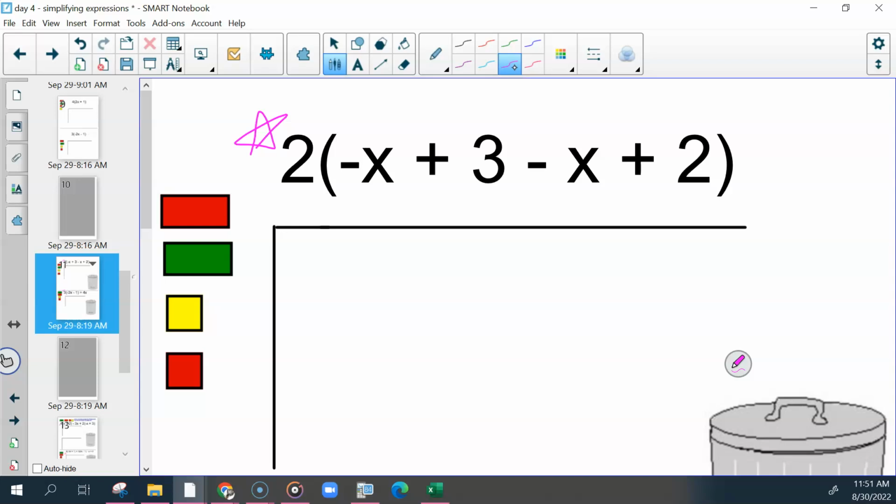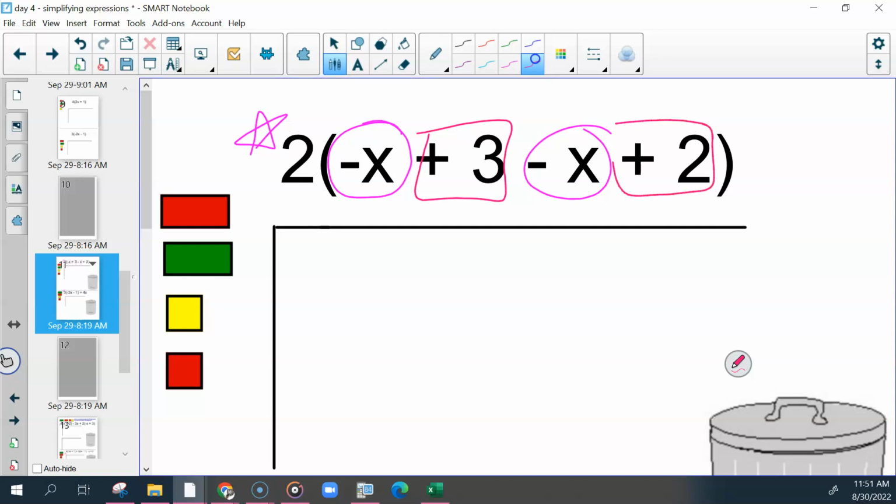So let's do that. We have x's and constants. So if we were to combine those, what would our new inside be? Negative 2x plus 5.